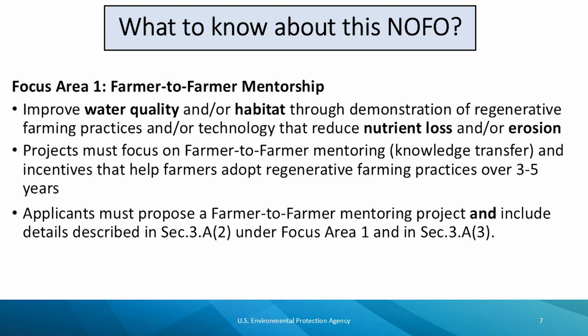Projects should improve water quality and/or habitat through demonstration of regenerative farming practices and/or technology that reduce nutrient loss and/or erosion. Specific details that should be included are described in Section 3A2 under Focus Area 1 and Section 3A3 of the NOFO.